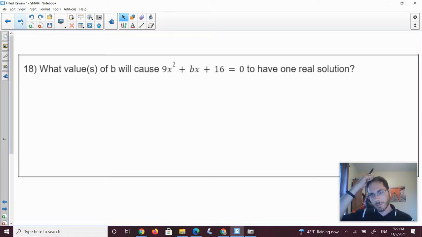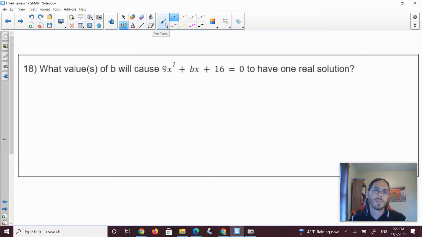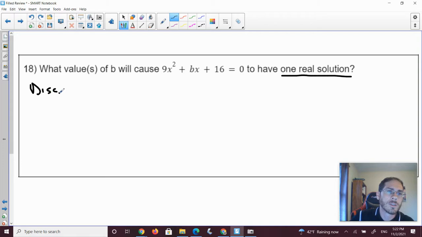For 18, what values of b will cause us to have one real solution? All right, this seems like it's going to be a little bit weird, and it's a little more esoteric, but that's okay. What we actually want to do here is, since we want one real solution, the number of solutions goes with the discriminant equation. So I have to do it as a discriminant problem.